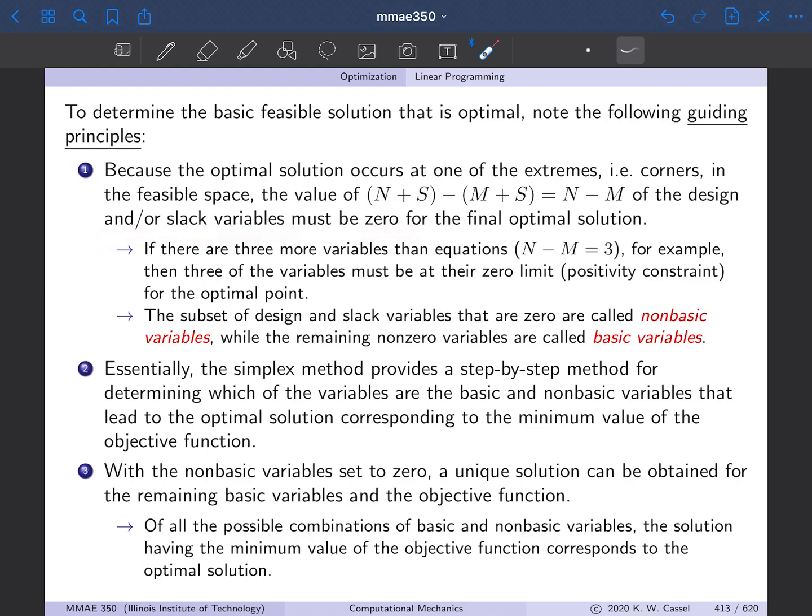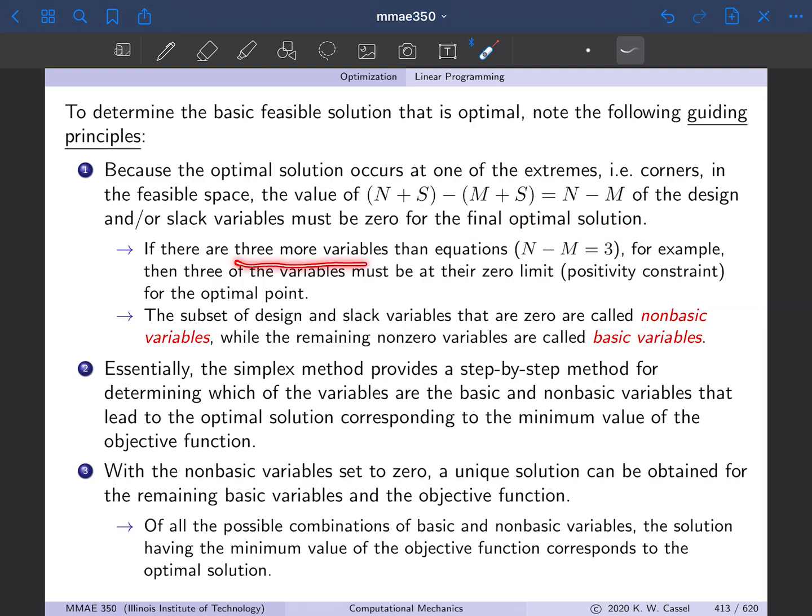So if you go back to the train car example, you can work your way through and determine that that is the case. And we'll do that example in a moment and see how that works out. But anyway, we know ahead of time for the final optimal solution how many of our variables, both from the original design variables as well as from the slack variables, must be 0. We just don't know which ones.